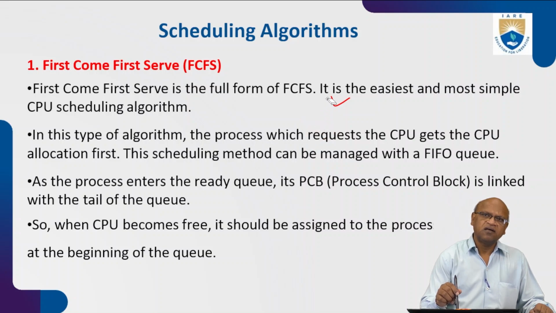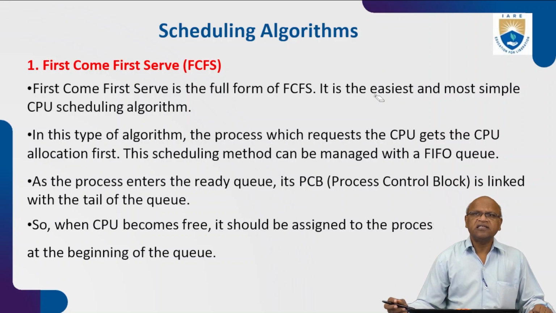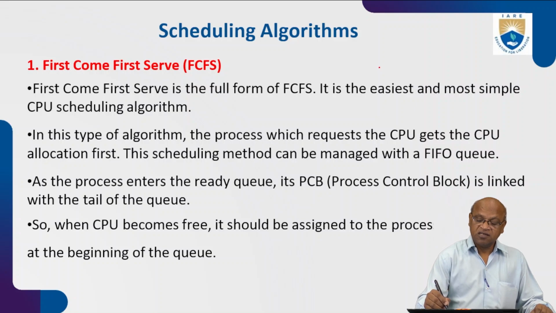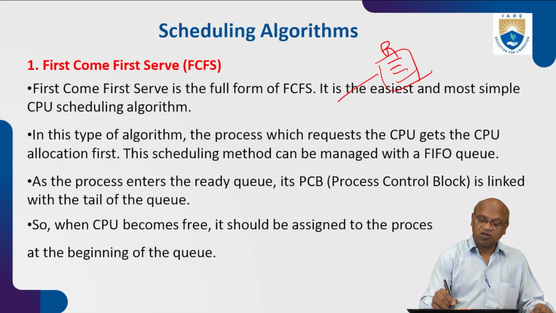It is the easiest and simplest CPU scheduling algorithm. In this type of algorithm, the process which requests the CPU gets the CPU allocation first. As we are discussing, this is your program in the RAM, and the program's instructions come to the CPU for execution: instructions 1, 2, 3, 4, 5.